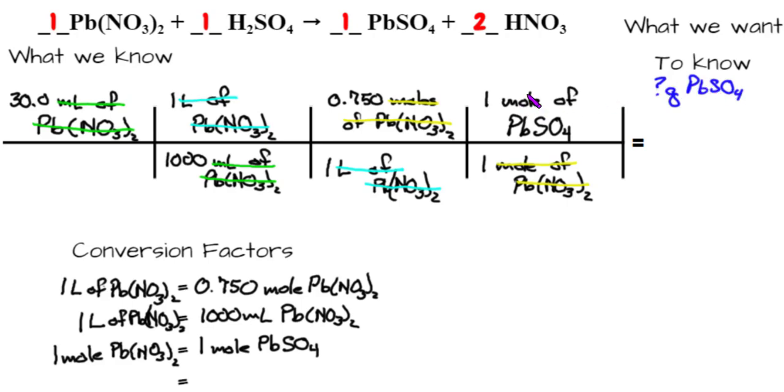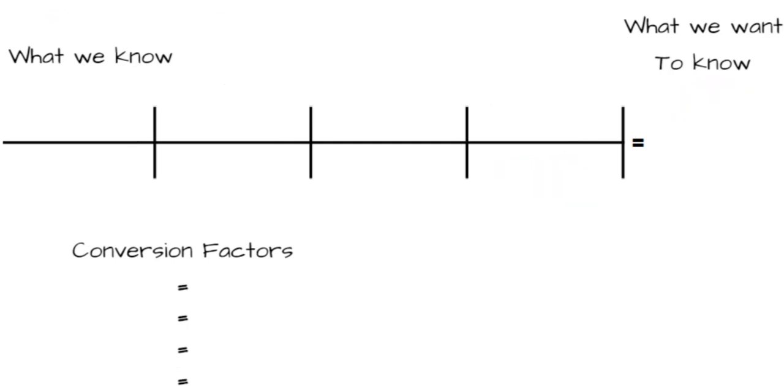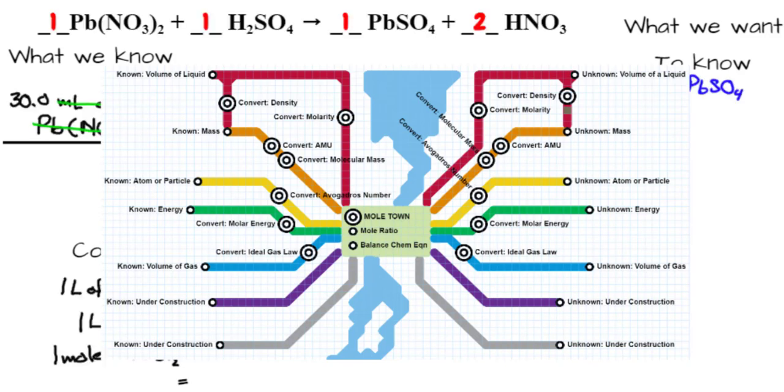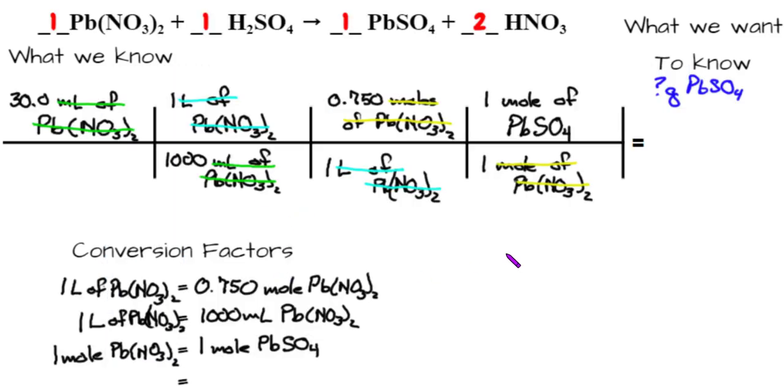I'm one step closer. All right, so I'm in moles, but I want grams. So if I go back to my train map, I'm in Mole Town, and now I want grams. So I'm going to need the molecular mass in order to get unknown mass. Okay? So now I just need to figure out what the molecular mass of PbSO4 is.